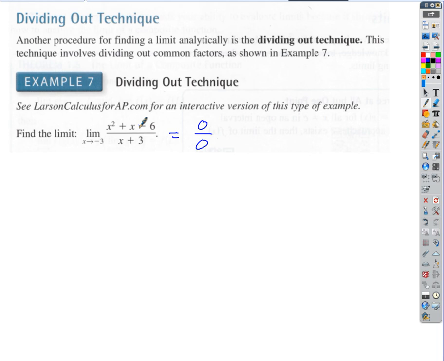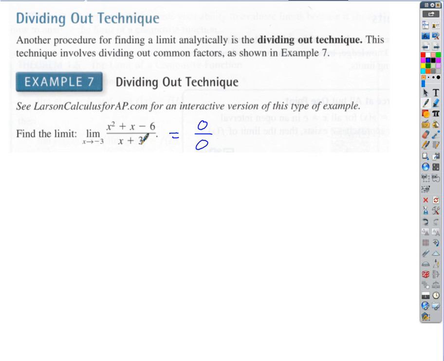So now let's just think about this logically before we even jump into the nitty-gritty of the problem here. If we know that we have a rational function with an indeterminate form 0 over 0, you know you have a hole, right? And this is absolutely 100% guaranteed by the math gods. You are going to be able to cancel out the offending factors here.